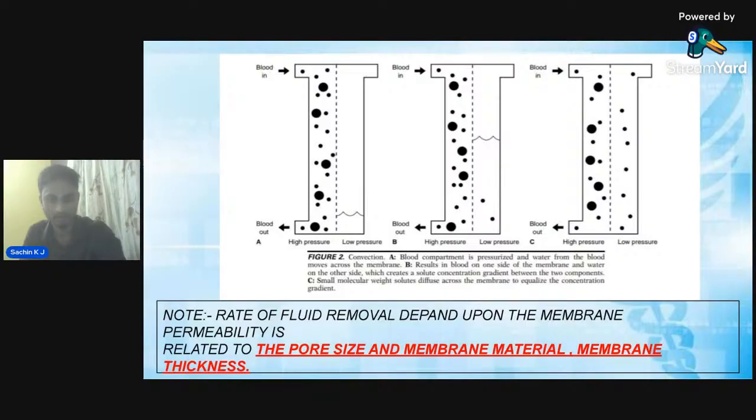The second diagram shows the result, with blood on one side of the membrane and water on the other side, which creates a solute concentration gradient between the two compartments. In diagram C, small molecular weight solutes diffuse across the membrane to equalize the concentration gradient. Note, the rate of fluid removal depends upon the membrane permeability, which is related to the ultrafiltration pore size, membrane material, and membrane thickness.